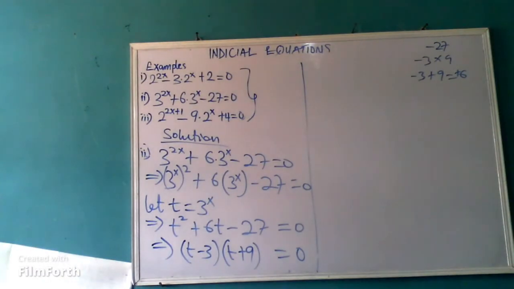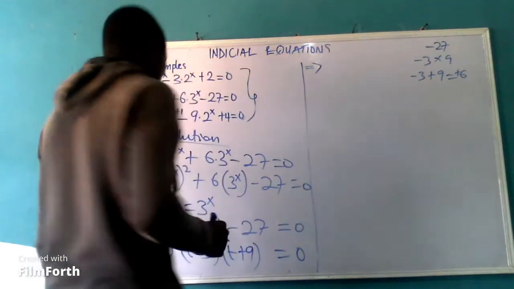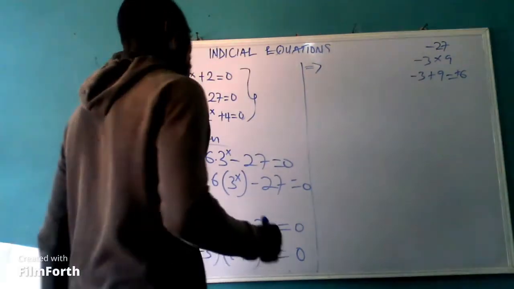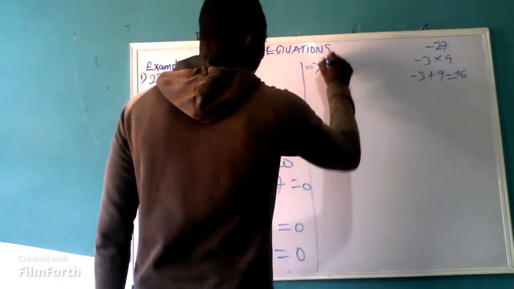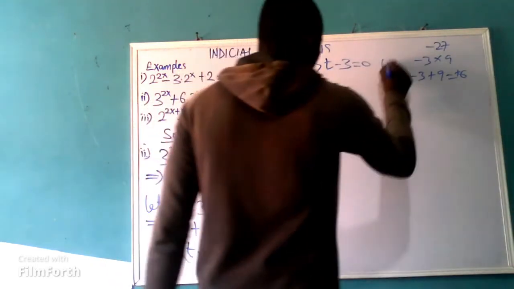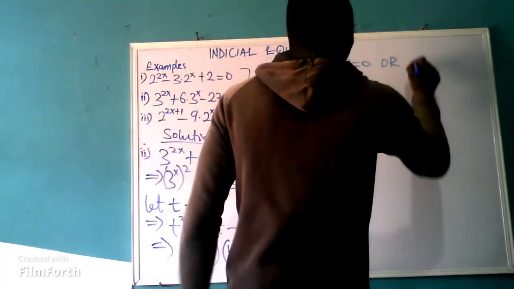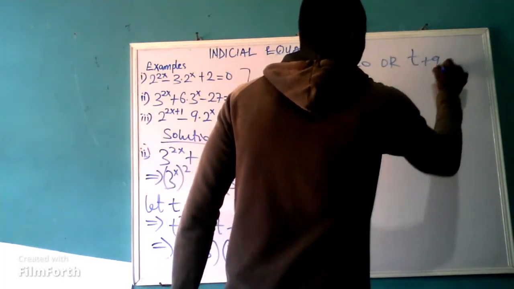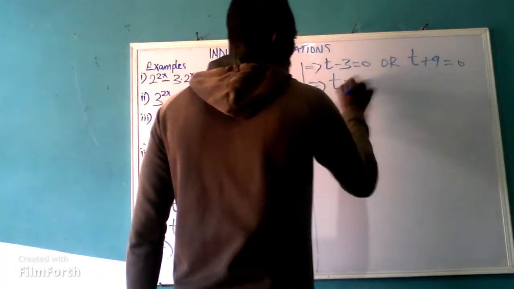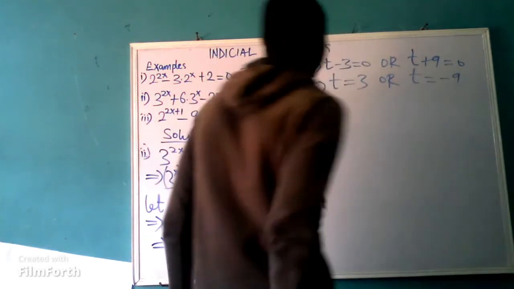This implies that this bracket times this bracket equal to 0, so t minus 3 equal to 0, or t plus 9 equal to 0, which implies that t equal to 3 or t equal to minus 9.